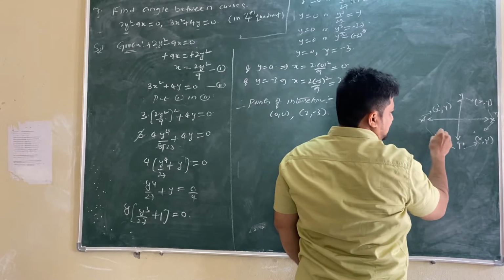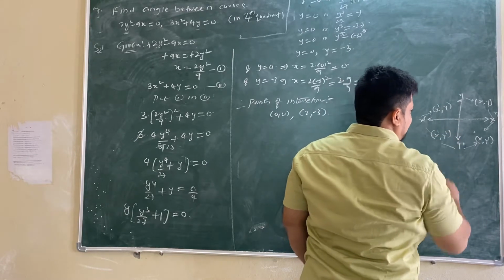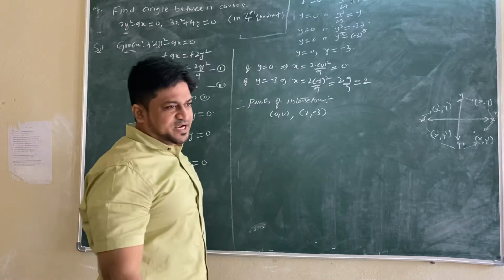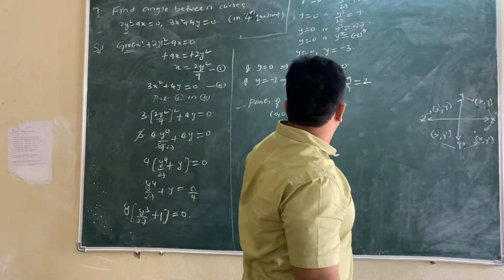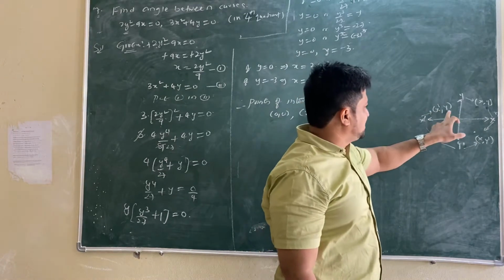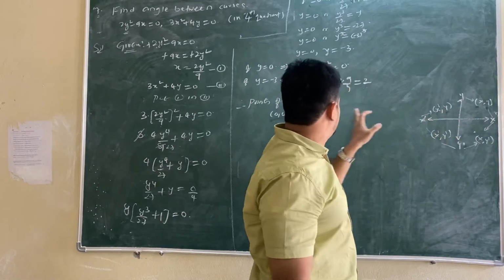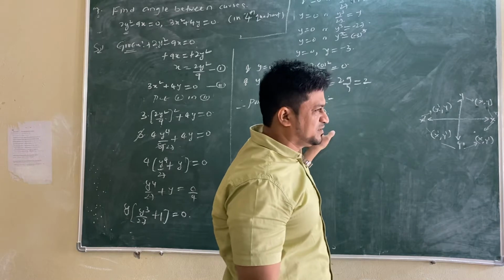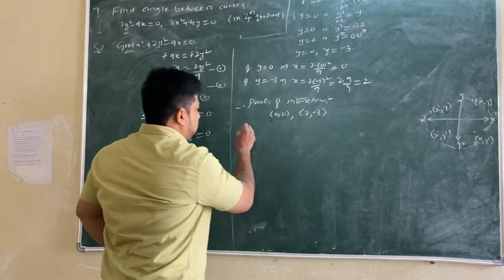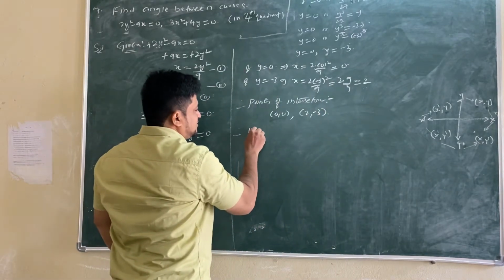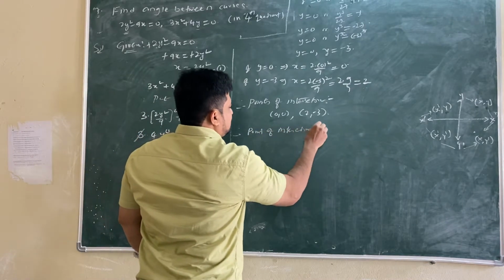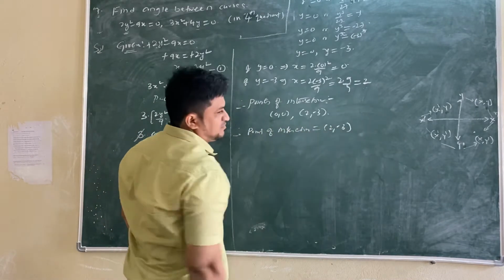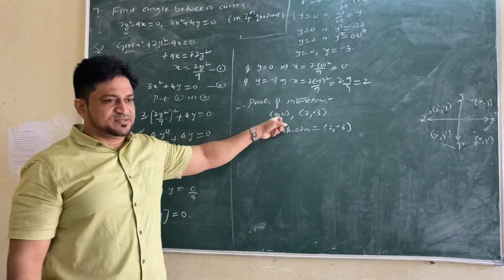This region x dash y dash. Dash means negative value. X comma y both positive is the first quadrant. X dash y, first is negative, second is positive, is not given. This value is in which quadrant? Fourth quadrant. So we have to consider the point of intersection to be 2 comma minus 3.